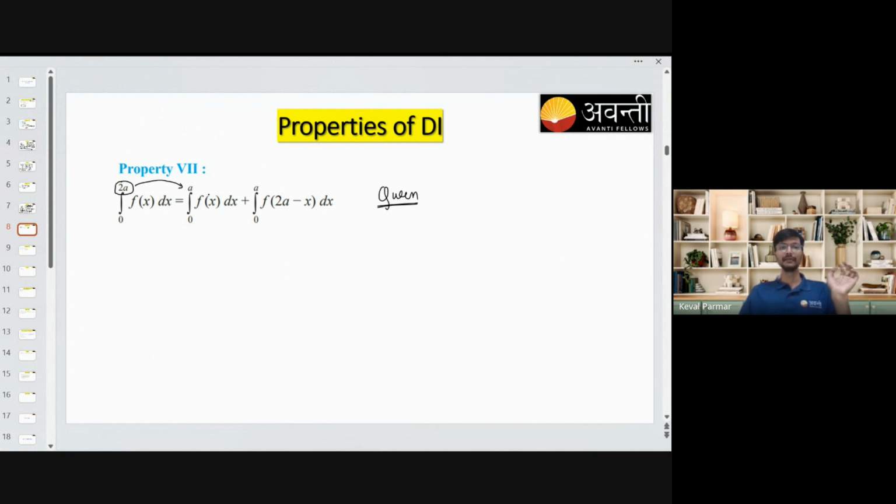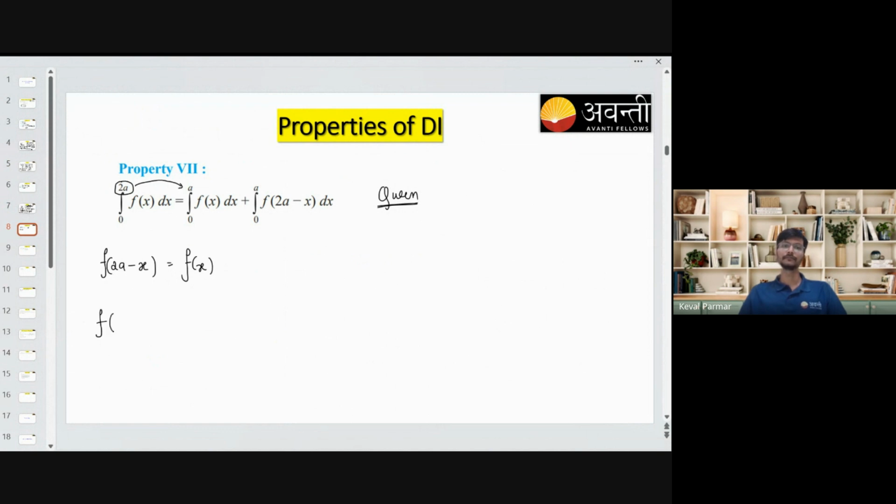That means it gets halved. Now, how to use this property? So first, we have to check the value of f of 2a minus x and the value of f of x.